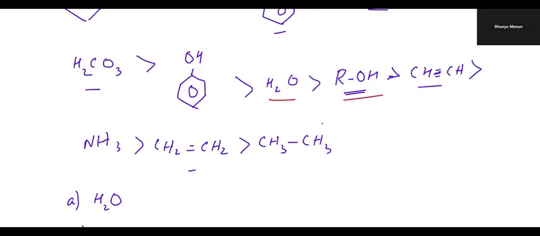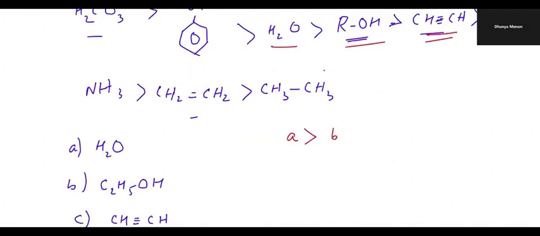Then you have CH triple bond CH, acetylene. So that means water, which is A, is more acidic than B, which is ethyl alcohol, which is more acidic than acetylene.